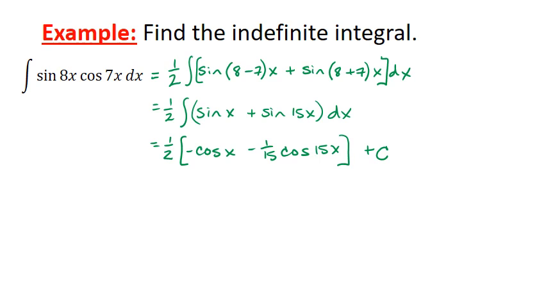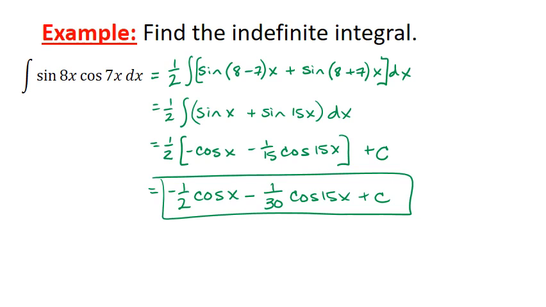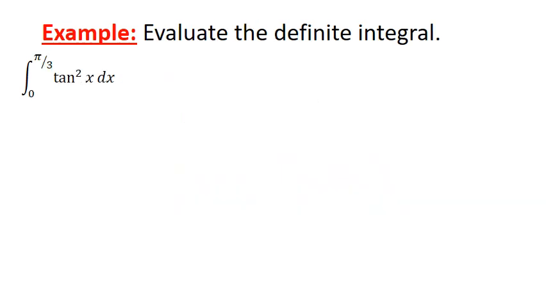If I want, I can go ahead and distribute that 1/2, giving me this as my final answer. Which hopefully you didn't think to be too complicated. Okay, let's look at our last example.